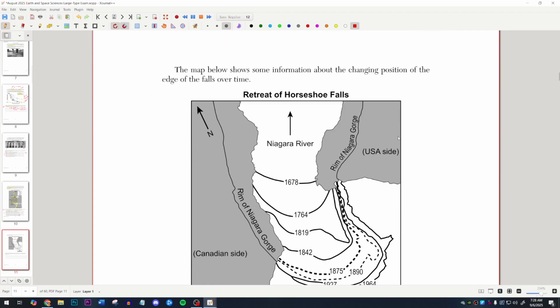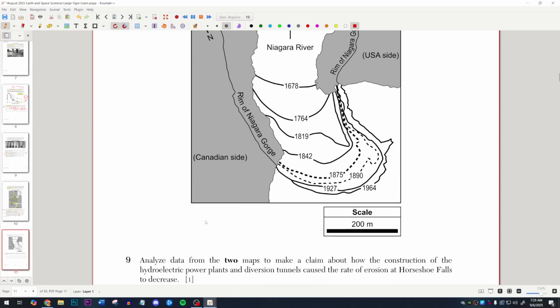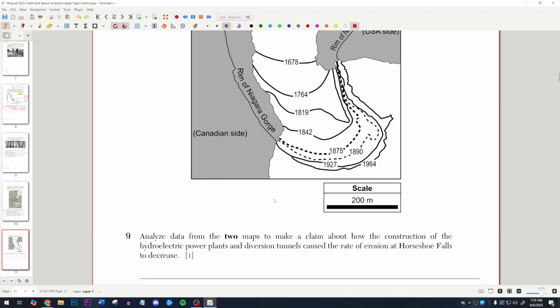The map shows some information about the changing position of the edge of the falls over time. Analyze data from the 2 maps to make a claim about how the construction of hydroelectric power plants and the diversion tunnels cause the rate of erosion at Horseshoe Falls to decrease. Okay, rate of erosion. So erosion is how much material is being moved.